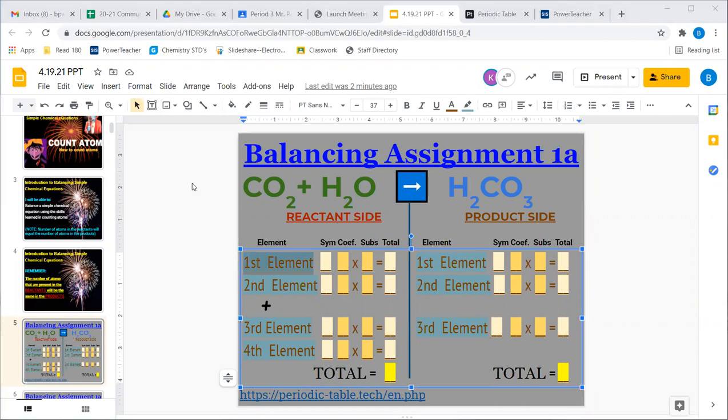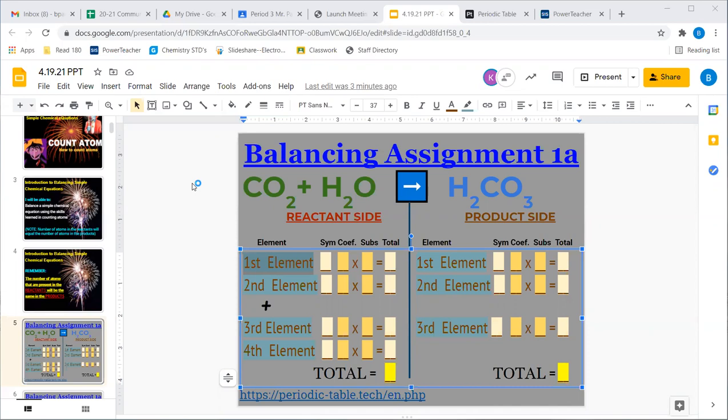CO. Now remember, when we are doing this, if it is just a single capital letter, refer to those notes that we have given you. If it is just a single letter, that is an individual atom.